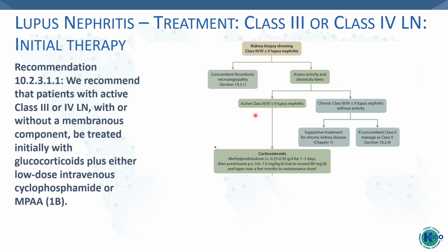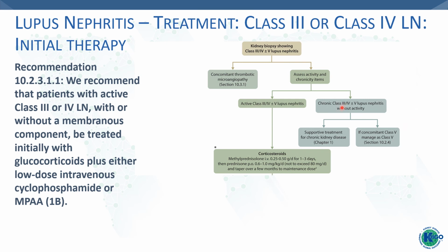If they are active, you have to give corticosteroids, and you will find here that steroids are given at a lower dose than was mentioned in the KDIGO guidelines 2012. Methylprednisolone IV 0.25 or 0.5 gram per day for 1 to 3 days, then prednisone 0.6 to 1 milligram per kilogram per day, maximum 80 milligram, and then you will taper over a few months to the maintenance dose.